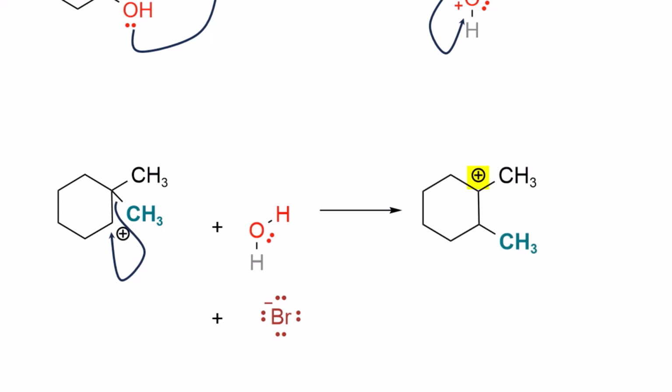So let's look at the intermediate. This is it. I broke the carbon-carbon bond. The methyl group shifted over. Now the positive charge is on the other carbon, because how do we form carbocations? We take electrons away from carbon. So now I have a tertiary carbocation as opposed to a secondary carbocation. The tertiary is more stable, which is a good thing.